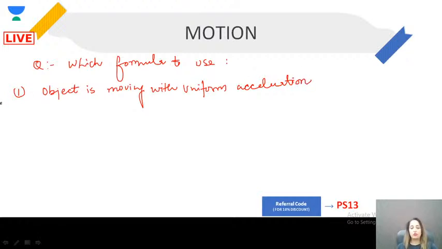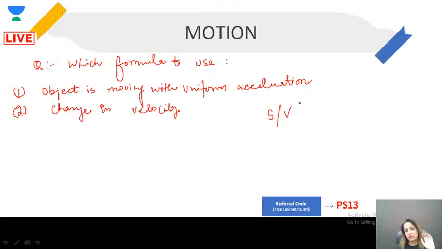They have to tell you that this is the object and it is moving with a uniform acceleration. Uniform acceleration means it is having some change in velocity. So you have to understand the relationship between distance, velocity and acceleration.